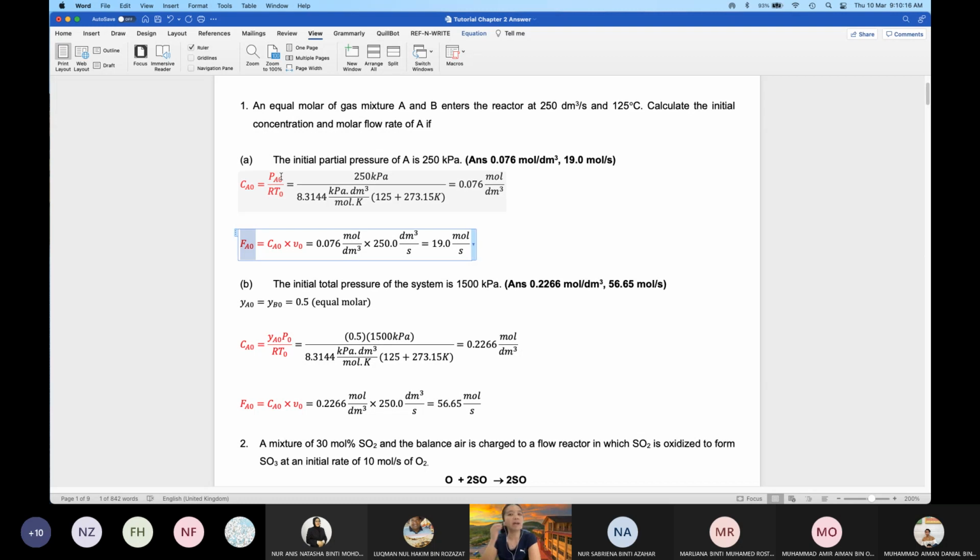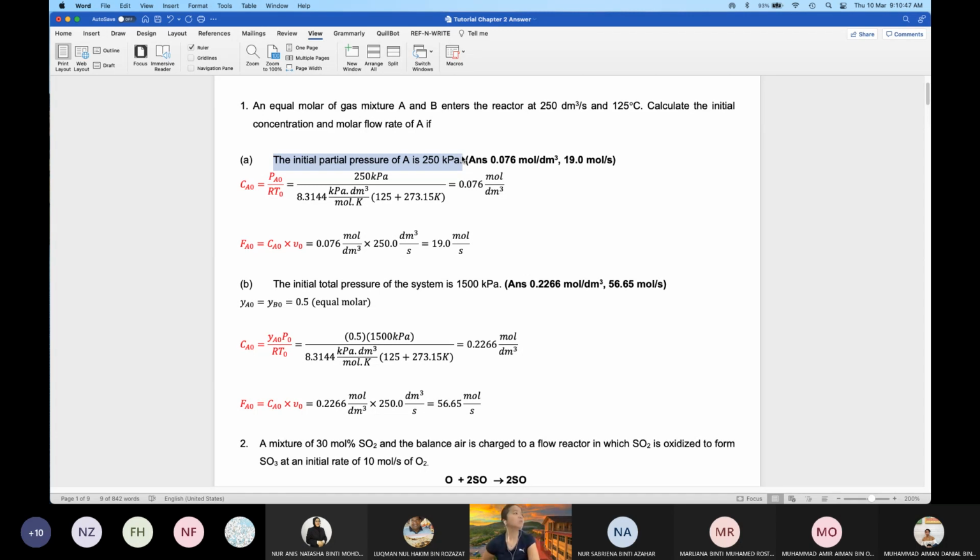So let us go to part A of the question. Part A says, find CA0 and FA0 if the initial partial pressure of A is 250 kilopascal. So they want us to find the initial concentration of A and the initial molar flow rate of A, CA0 and FA0, if the initial partial pressure of A is 250 kilopascal.